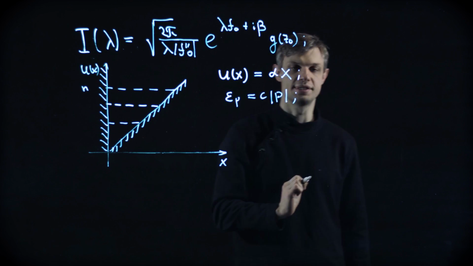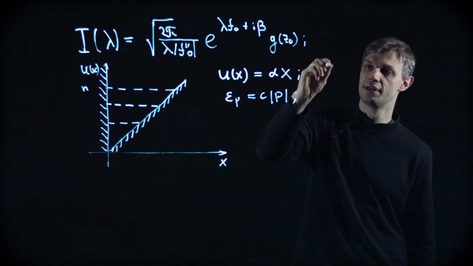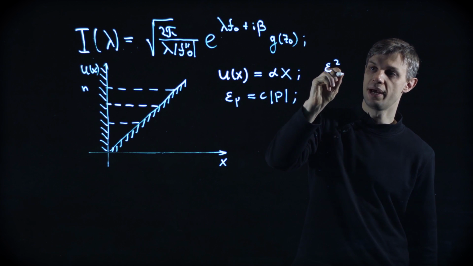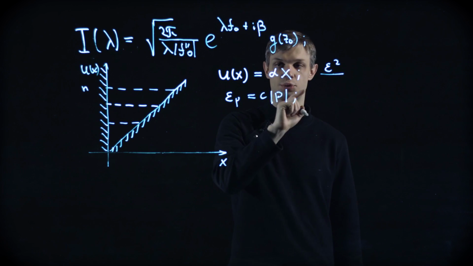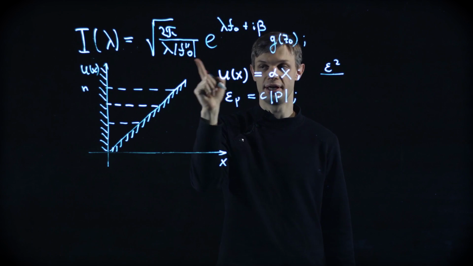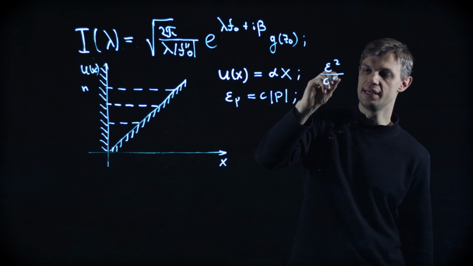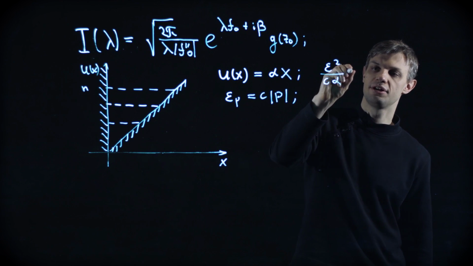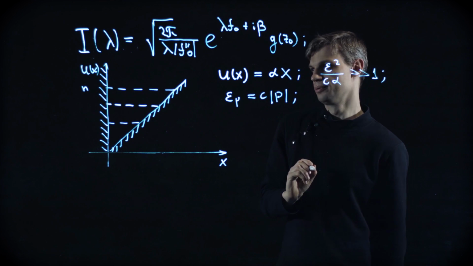So let us introduce the main large parameter of our system. It's ε² over Cα, where ε is the energy of the corresponding energy level. And this is going to be the large parameter in our problem.